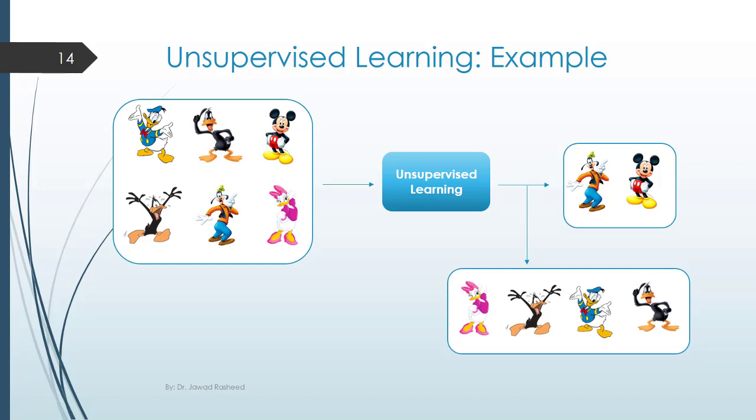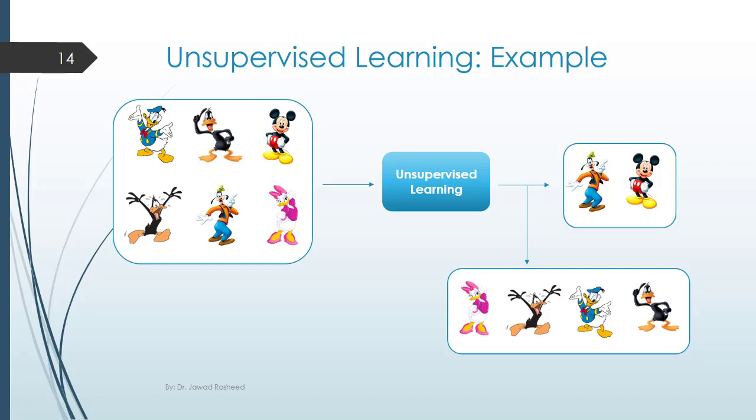In the supervised one, we were also telling the machine that these are ducks and these are not ducks. But here you can see we are just giving the images. We are not telling the machine whether it is a duck or not. So the machine is judging based on their characteristics. That might be some color or some shape or something else.